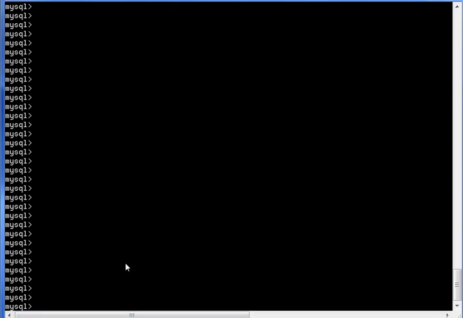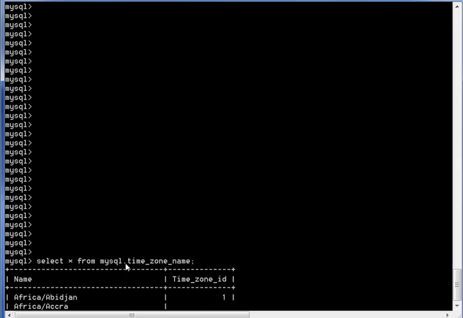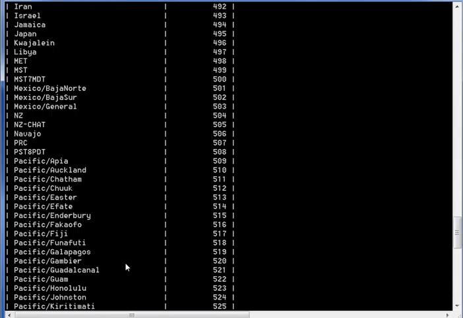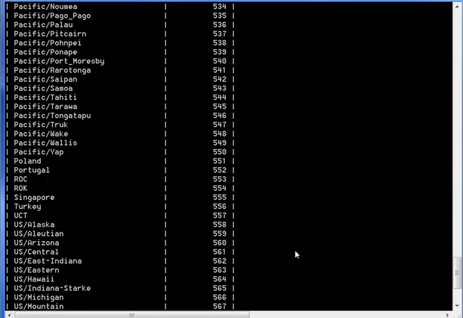You can look up the time zone names in the mysql.time_zone_name table. Now, you may need to follow documentation instructions to get this table in the MySQL database properly configured and populated. But once it is, here's the kind of thing you'll get. A huge number of possible different time zones.